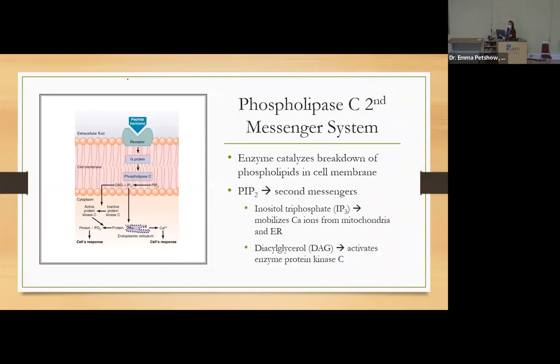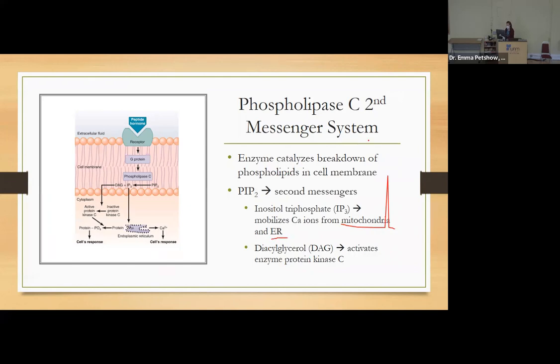Phospholipase C second messenger system, this would probably be your second most common second messenger system after cyclic AMP. The big difference with this one, it does have an external bound receptor. The hormone then activates a cascade of processes inside, but it's going to specifically stimulate calcium ions that mobilize from your mitochondria and your endoplasmic reticulum.